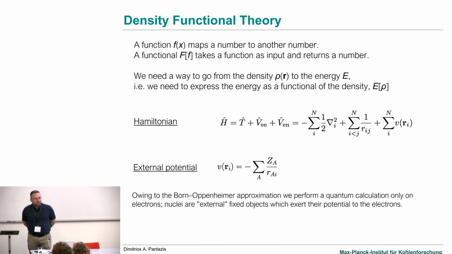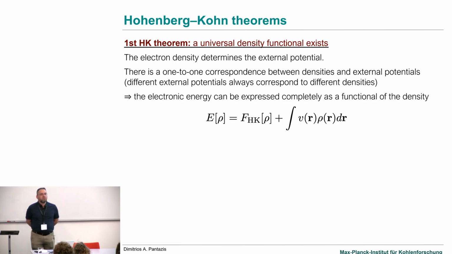Density functional theory is saying that it is possible to go from the density to the energy, or something else, using something called a functional. A functional is like a recipe where instead of a number giving you a different number, you give it a function and it gives you a number. In this case, the function is the density. So you give the recipe a density and it gives you the energy.